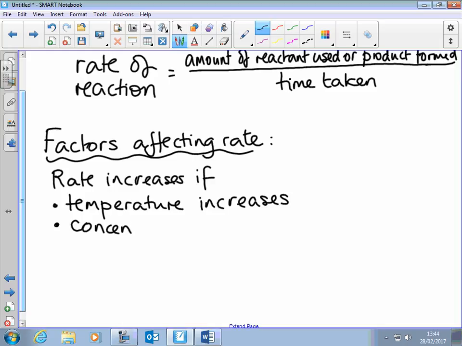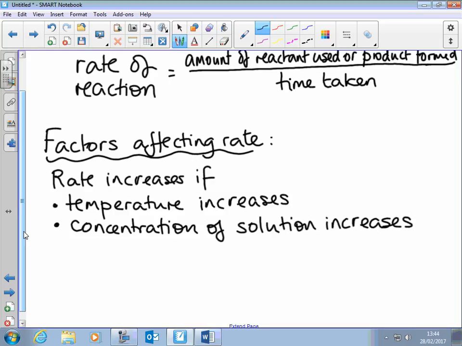Concentration works if you're looking at a solution. If we were looking at gases, what's the equivalent for gases rather than concentration? Pressure, yeah.